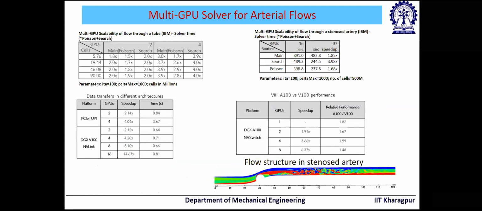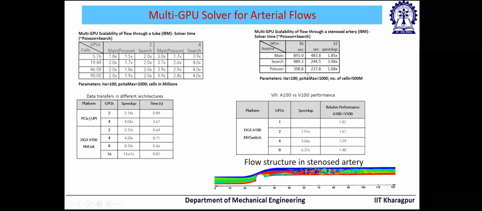And now one can see that it scales up to 16 or 32 processors, and we get the data for different platforms. Like in V100 DGX, we can see that the search is almost fully parallelizable without any drop in performance. But the Poisson equation gives around 2.8, 2.9 times performance when we have a larger mesh in 4 GPUs.